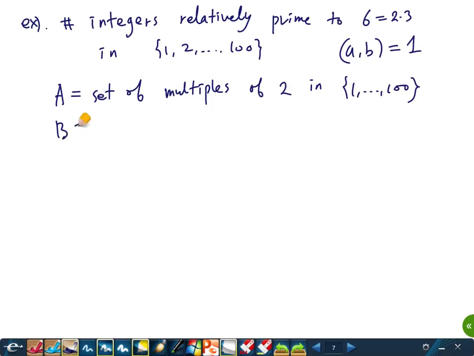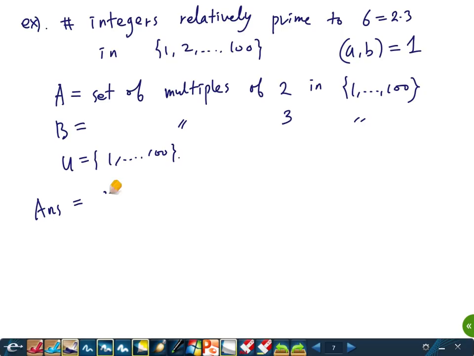And let's say B is the set of multiples of 3 in this set, and U is the universe set. Then what is the answer? An integer is relatively prime to 6 if it is neither a multiple of 2 nor a multiple of 3, right?